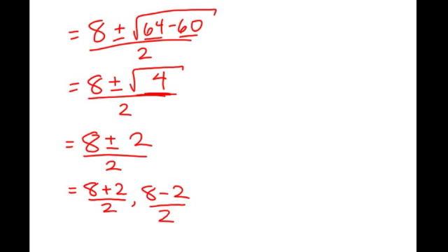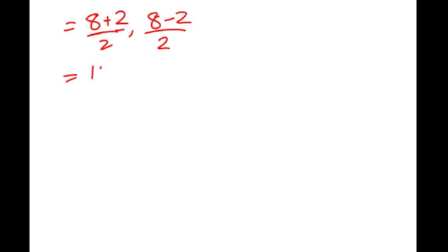That's plus right here or minus right here because I have both of them. 8 plus 2 is 10 over 2. 8 minus 2 is 6 over 2. 10 over 2 is 5. 6 over 2 is 3. 5 and 3, remember this was all x equals, so x equals 5 and 3.